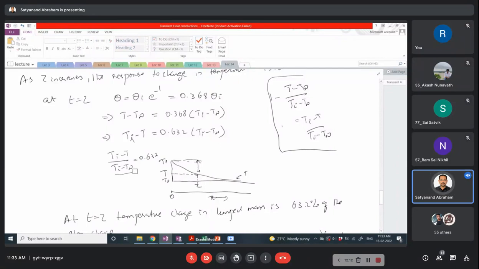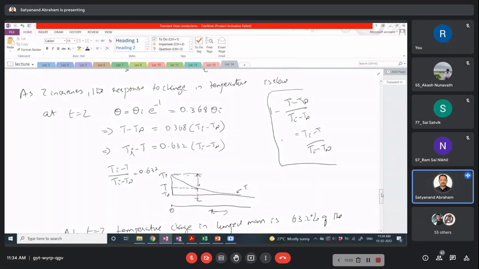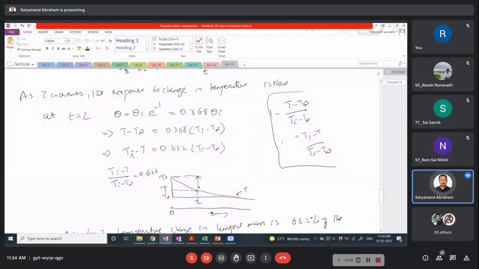Step change means the maximum change, or the sudden change in the boundary condition. That is the importance of tau. As we reduce tau, we reach 63% of the step change very fast.